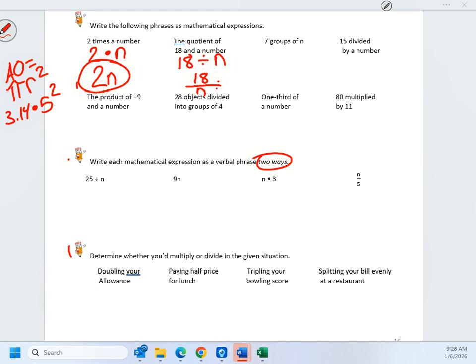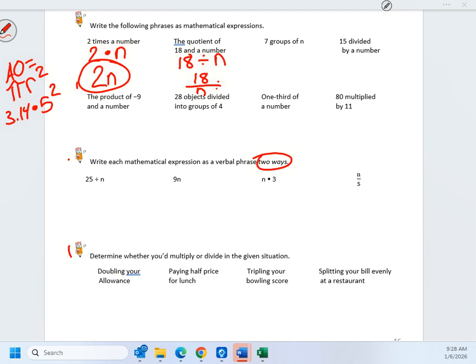And then on the bottom, it says determine whether you would multiply or divide in the given situation. Oh, this is using different words. They are not in our table, but you can add them to our table once you figure it out. If we are doubling our allowance, are we multiplying or dividing it?